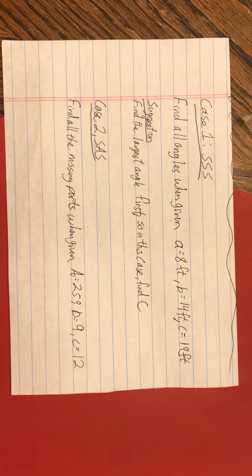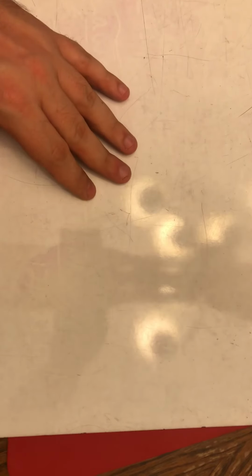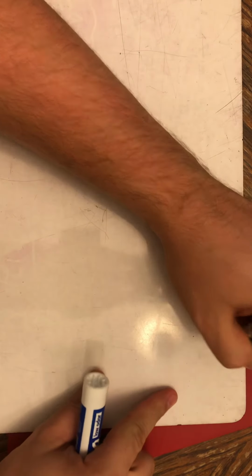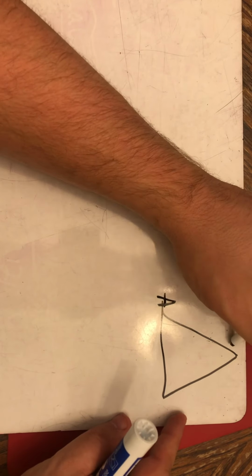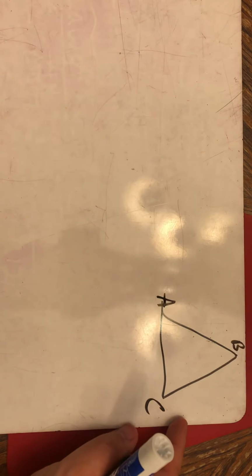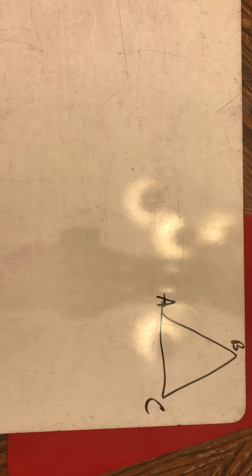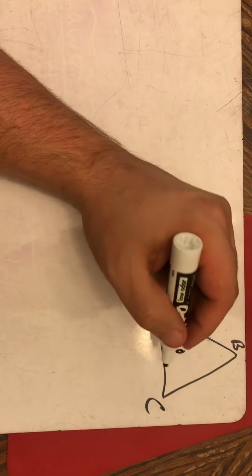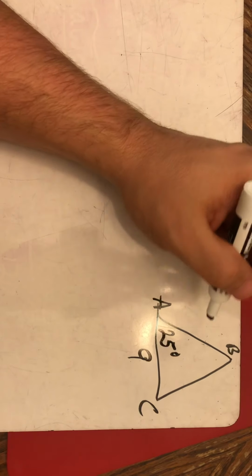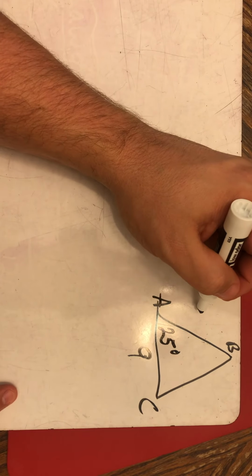Okay, so we're given angle A, side B, and side C. If we're looking at it from our triangle perspective, sorry, went the wrong way on that. A, B, C. So we're given angle A is 25 degrees. We're given side B was 9. And side C is 12.